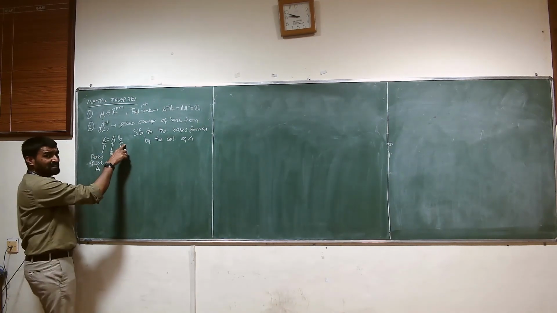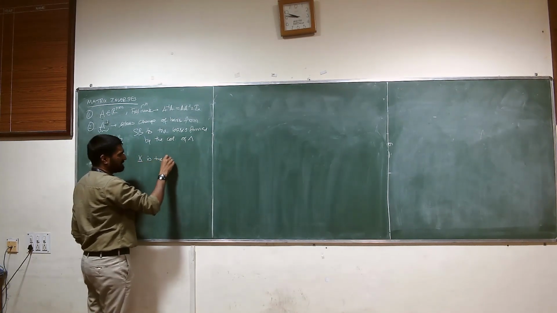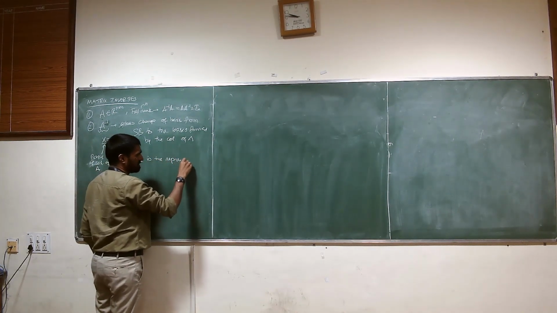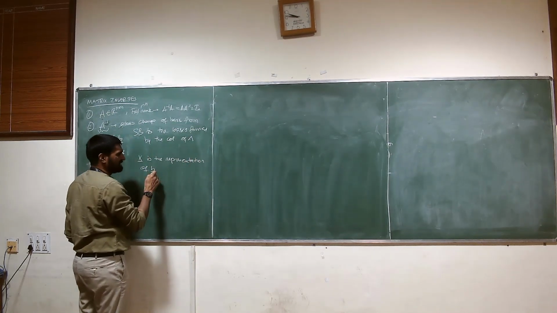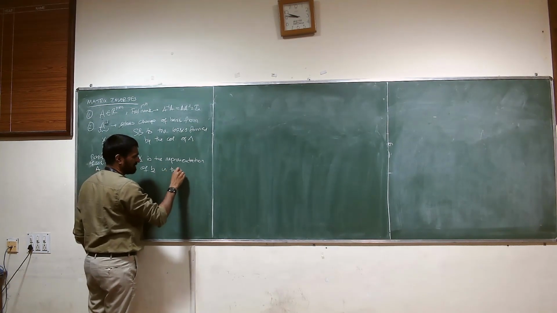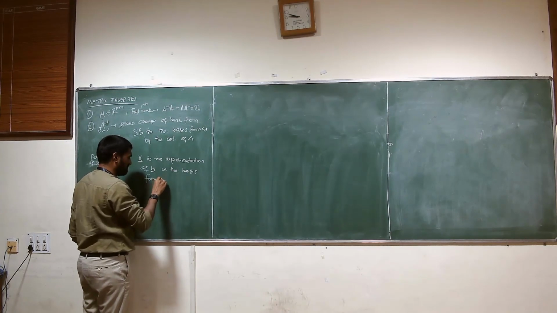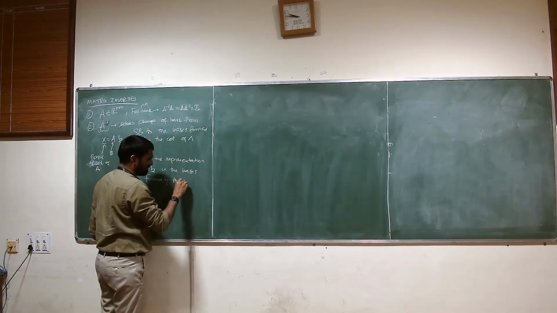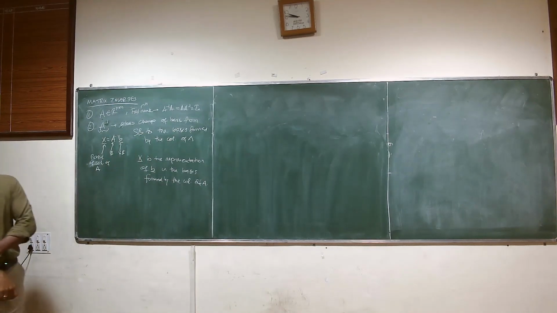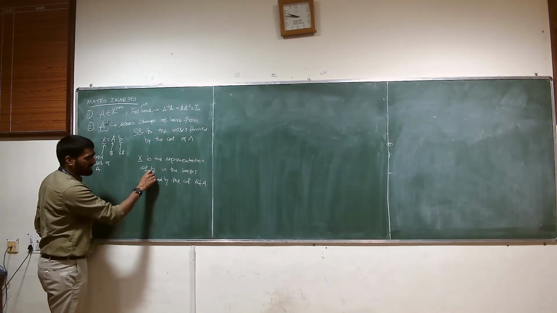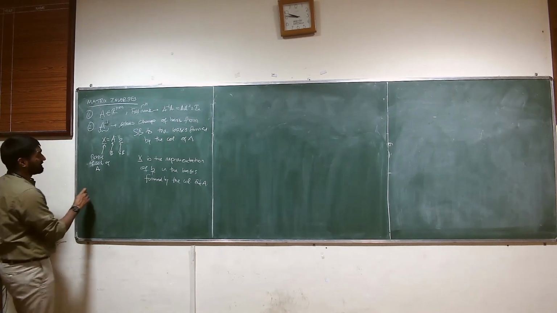It represents b, right? So x is the representation of b in the basis formed by the columns of A, where b is in the standard basis. Is it clear? Okay, all right.